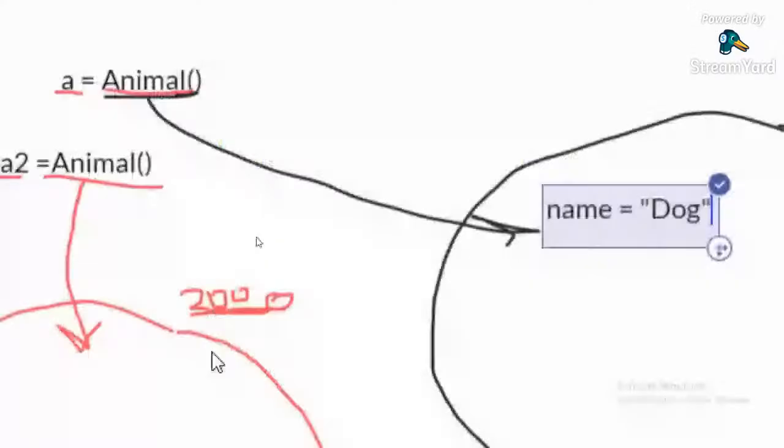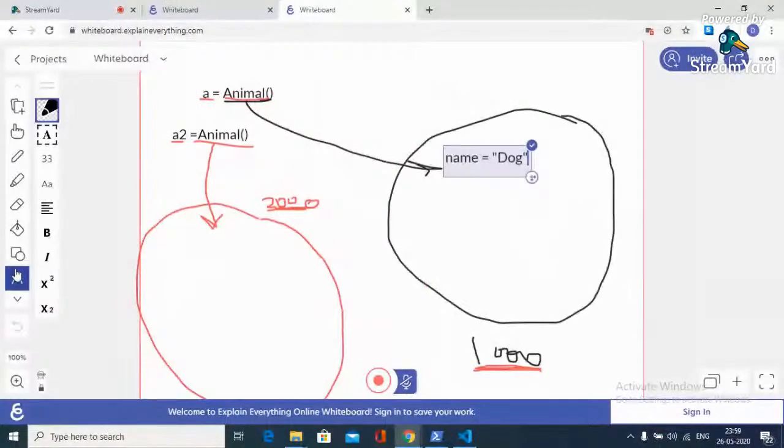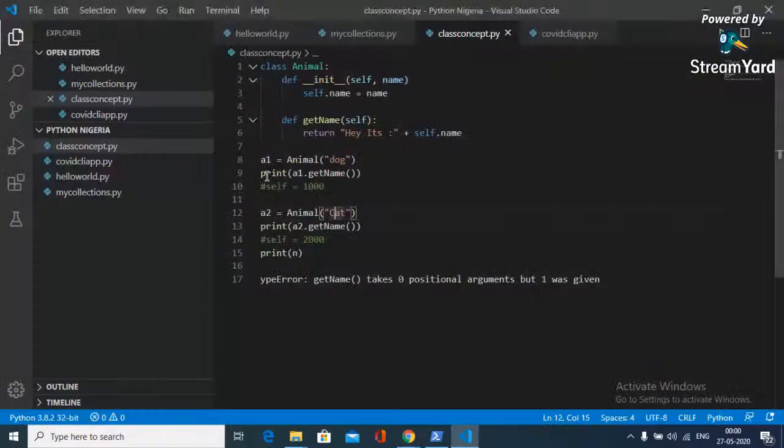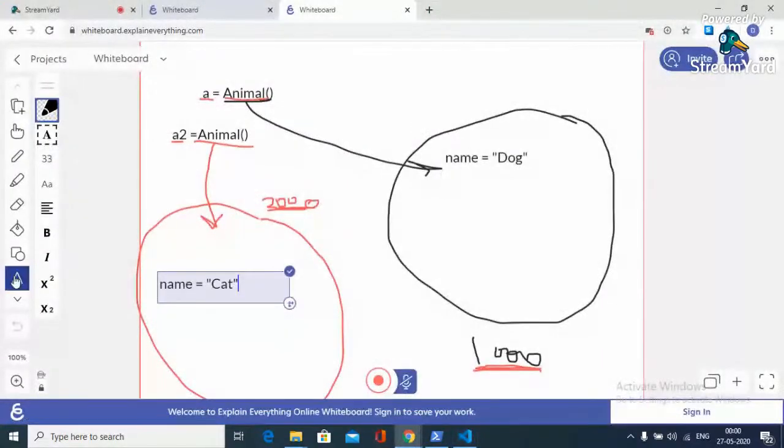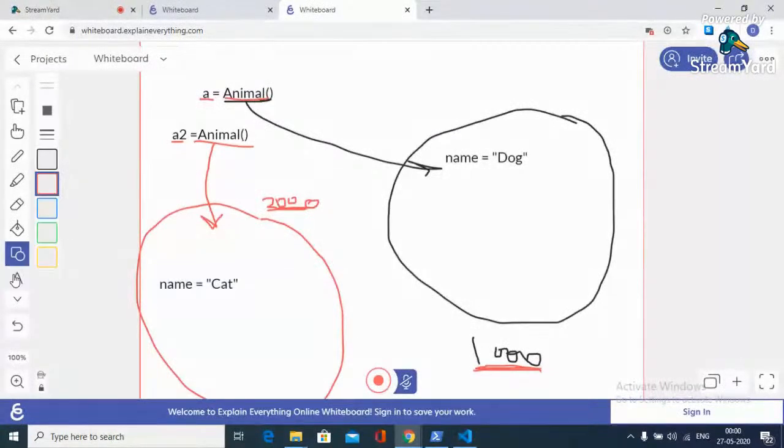So what is happening under the hood is, wherever there is a name in this object, cat is getting set, right? It is easy with the visualization. If you can visualize the code, then it is very easy to do. Now there is a function written inside the animal object.